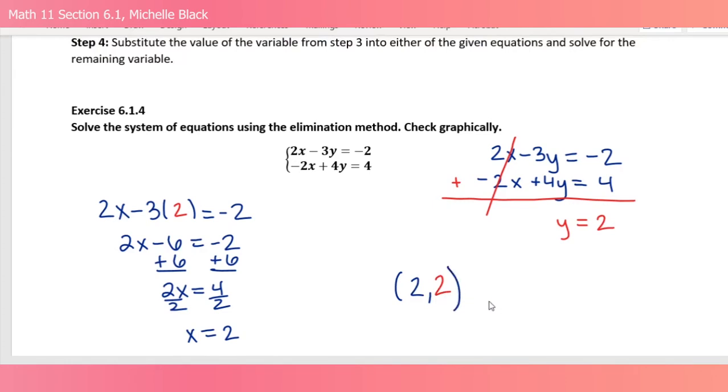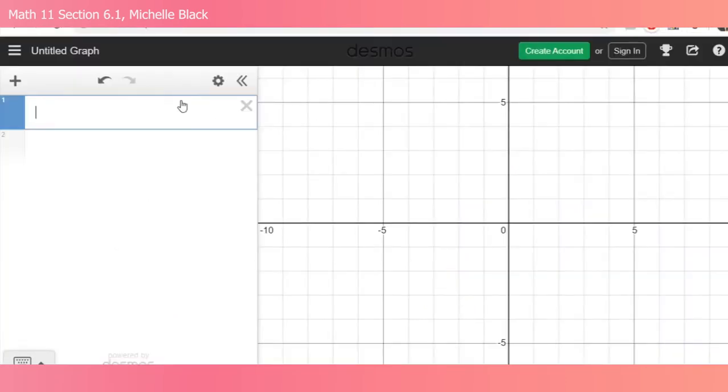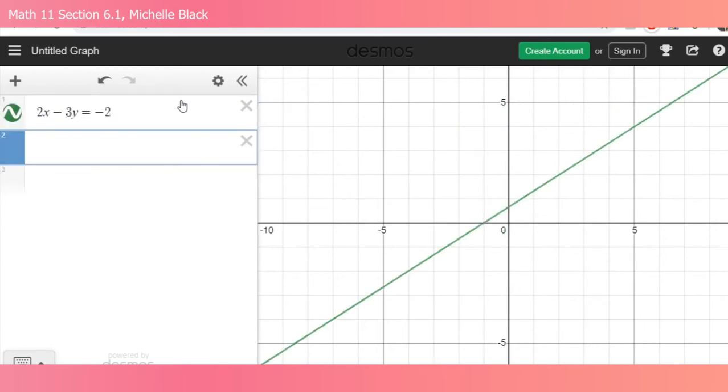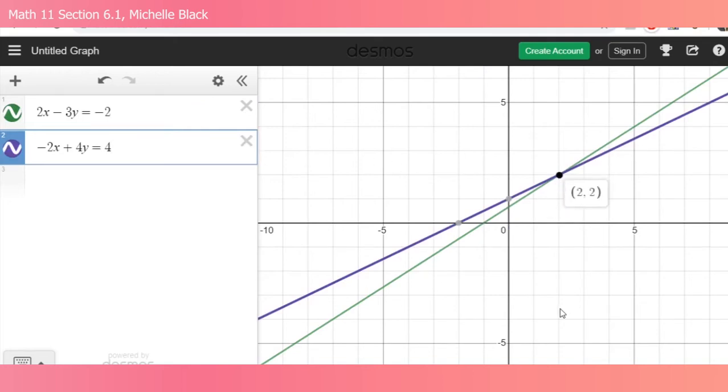Again, we can graph this to verify. And we do intersect at the point 2, 2.